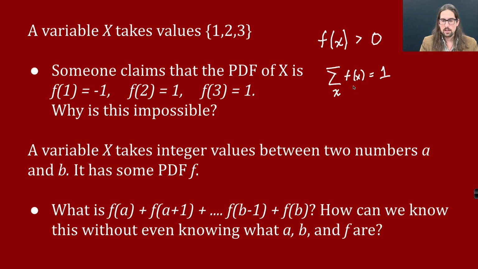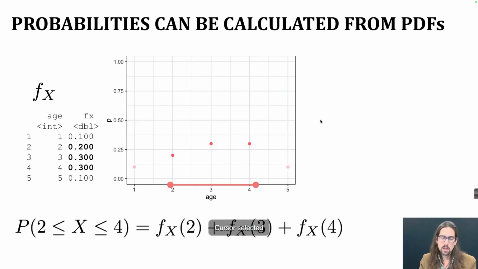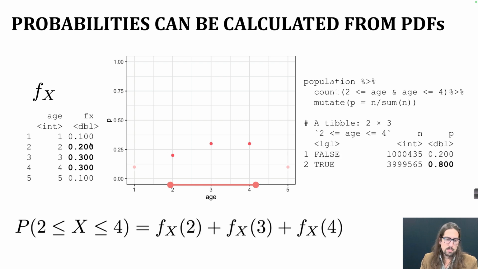And basically the population has to be divided. If you look at this example here, where we had this population data set and we made the density for it, you'll notice these numbers sum to 1, right? Because if somebody has age 1, they're not in any of these other buckets.